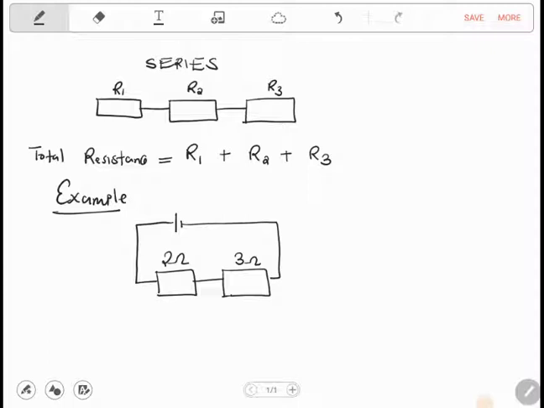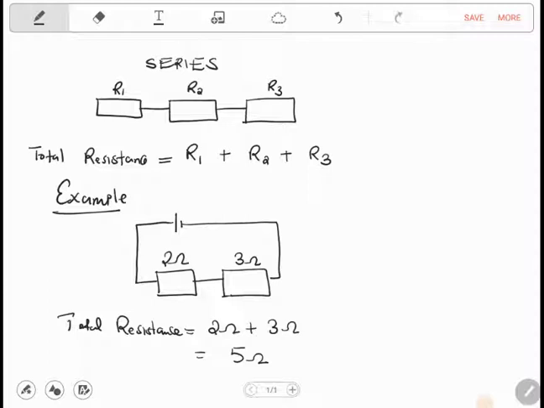How do you find total resistance in this case? So total resistance is just equal to 2 ohms plus 3 ohms, and this will give you 5 ohms. That's how you find resistance in series.